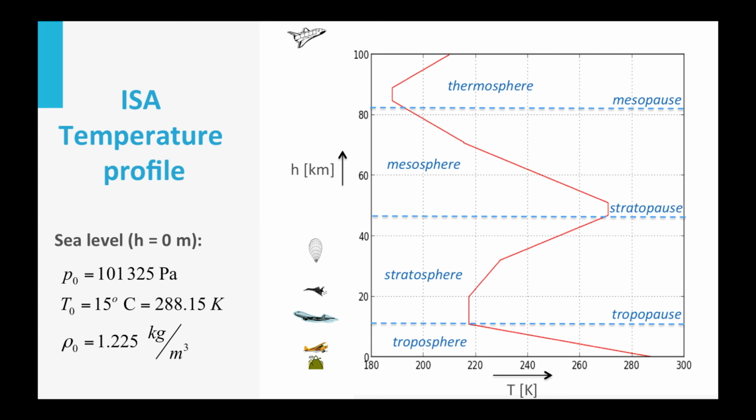So apart from a model atmosphere at a moderate latitude, it's also a very good average for the Earth as a whole. You can see that the temperature we've chosen is also from moderate latitudes, 15 degrees Celsius, which equals 288.15 Kelvin. And of course, in our equations, we will use Kelvin. With the equation of state, you can then calculate the air density, which is 1.225 kilogram per meter cubed.